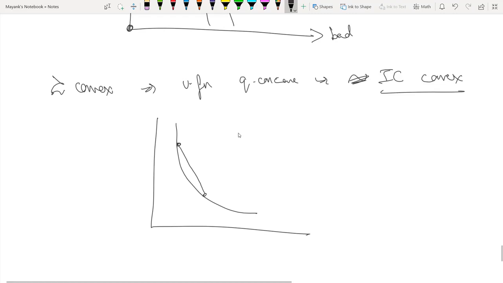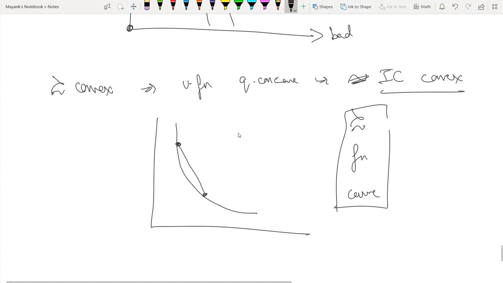You need to remember that there are going to be different definitions for convexity. Preferences will have a different definition for convexity, a function will have a different definition, and a curve will have a different definition, and you need to remember all these three definitions. They might look similar, but they are going to be different.